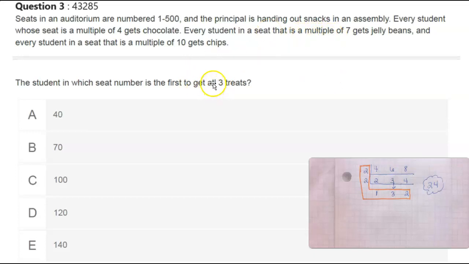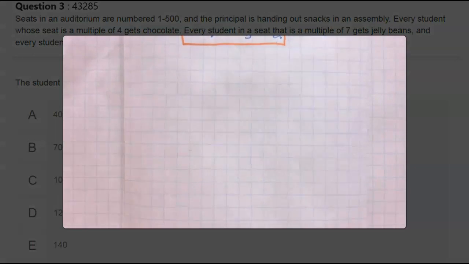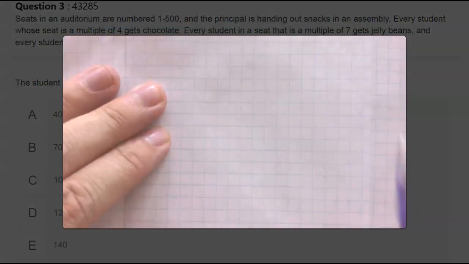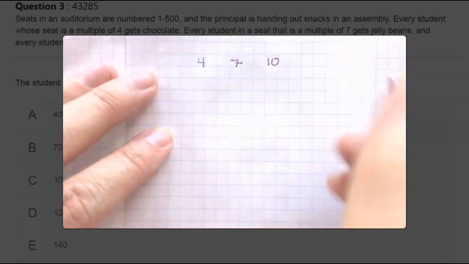You'll see "all," like when would they get all 3 together, things like that. So those are keywords to let you know, oh, I'm trying to find the least common multiple of 4, 7, and 10. So we're going to come back here. I'm going to find the least common multiple of 4, 7, and 10.